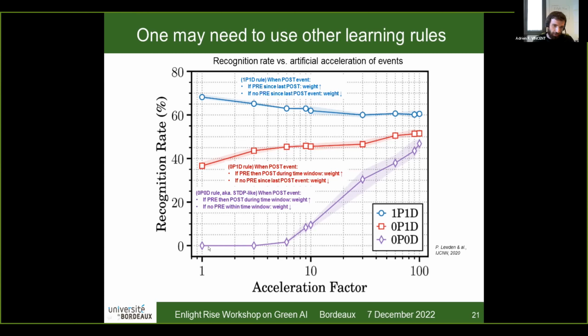So for example, if you use a genuine STDP, you would be here with real-world data. And with the learning rules that we implemented, you can actually retrieve what was the state of the art for the kind of system that we were using at that moment.